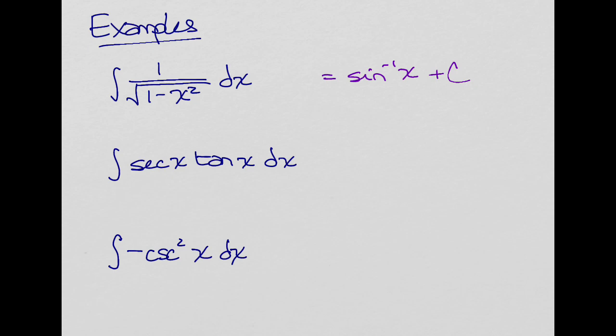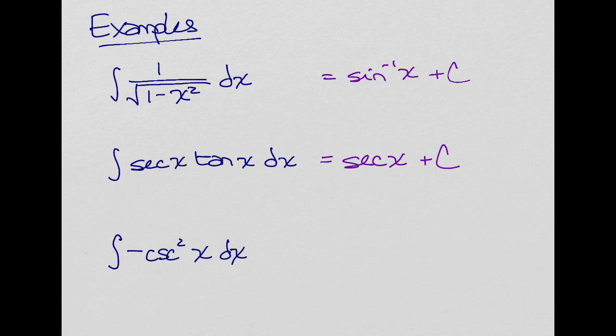The integral of secant x tangent x. Well, secant x tangent x is the derivative of the secant function. So the antiderivative of secant x tangent x is the secant function. Negative cosecant squared x.